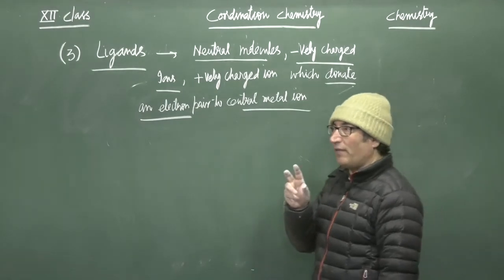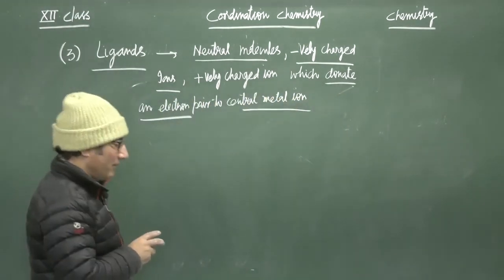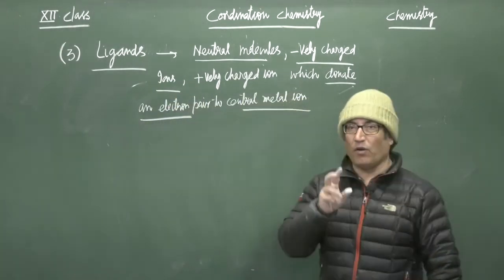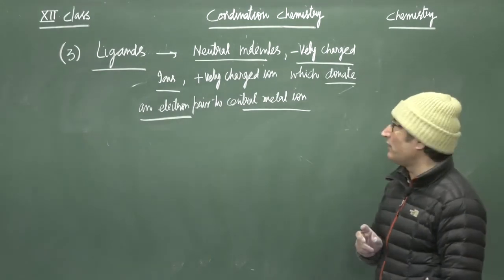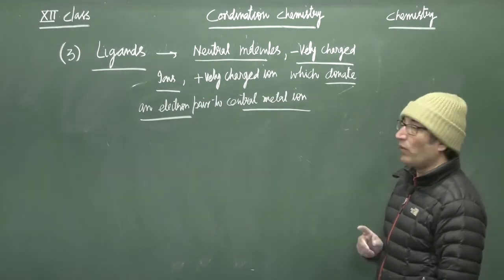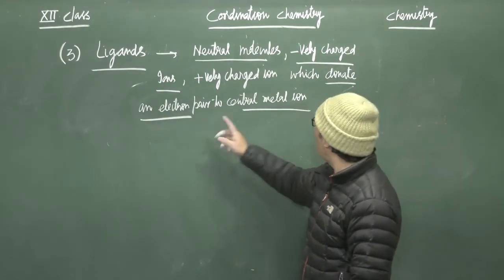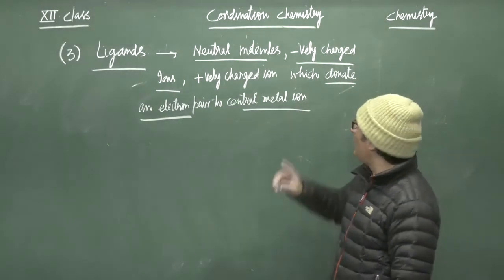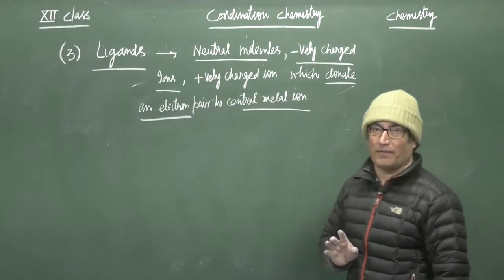And in our topic on the different concepts of acids and bases in equilibrium, we have already studied one concept, which is the Lewis concept of acids and bases. There, how do we define Lewis base? Lewis base is electron pair donor. That Lewis base in coordination chemistry is called a ligand.